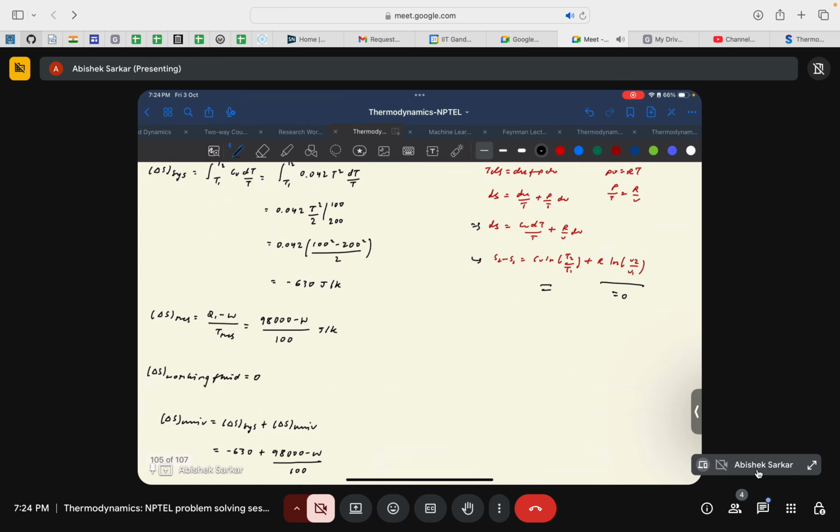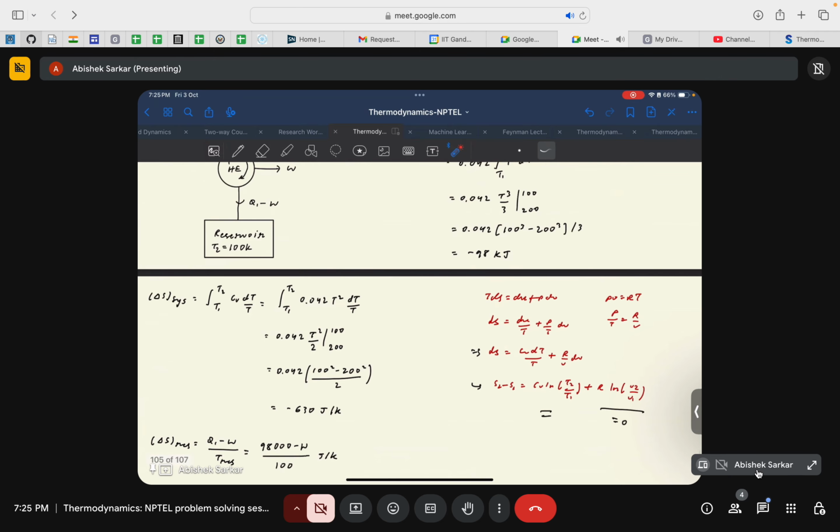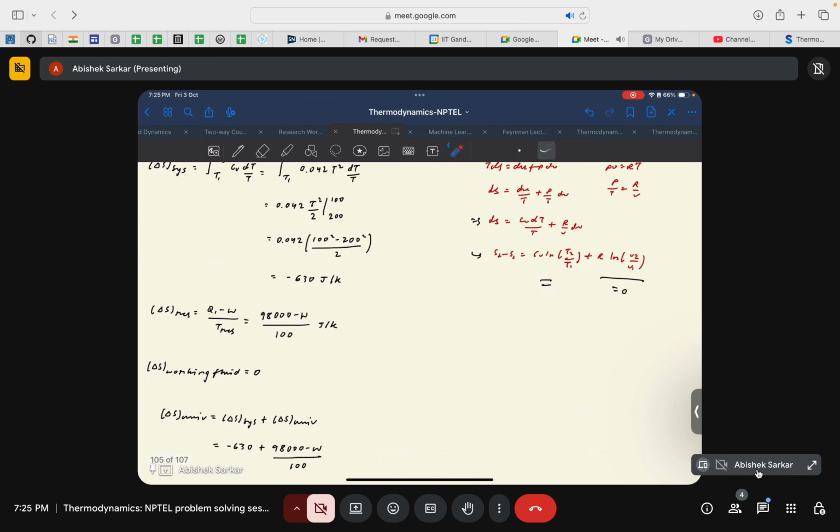Now the change in the entropy of the reservoir would be the net heat interaction divided by the temperature of the reservoir, because the reservoir is at a constant temperature. This is the definition of thermal energy reservoirs: that the reservoirs are essentially at constant temperatures.